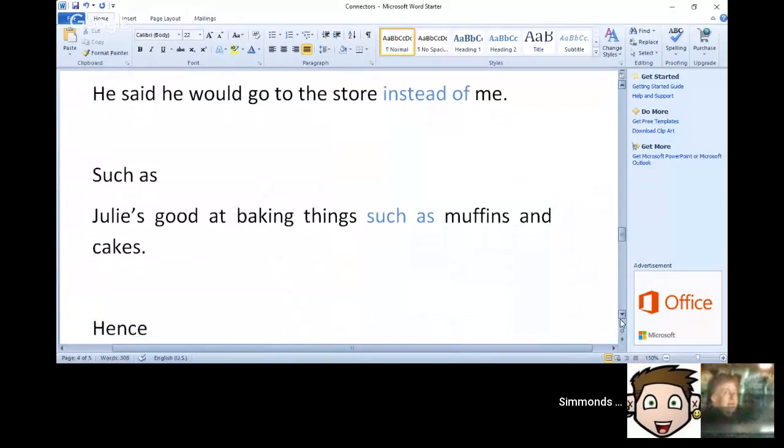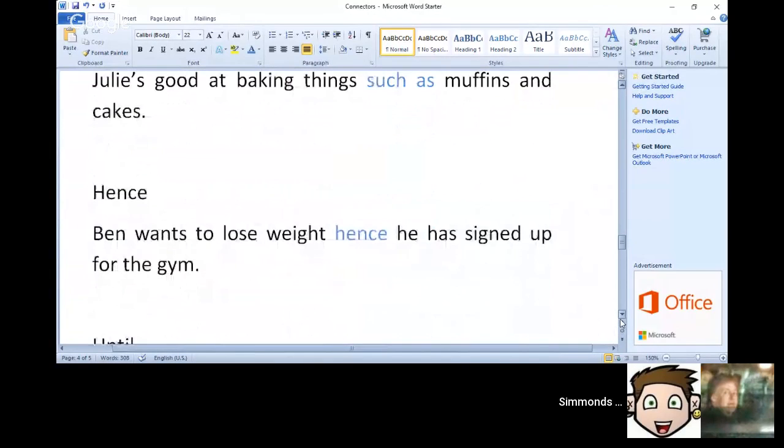So now if we go down, oh yeah, this one. I'm not a huge fan of this sentence with hence, okay, Rafa, but you can go ahead and read it. Hence, he wants to lose weight. Hence, he has signed up for the gym.